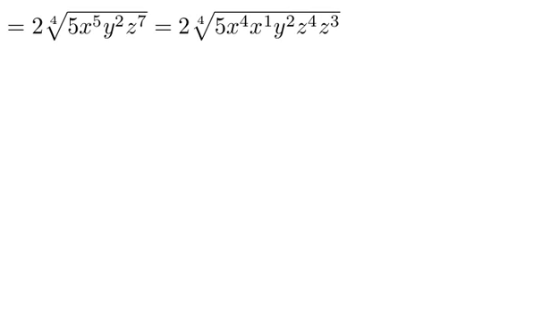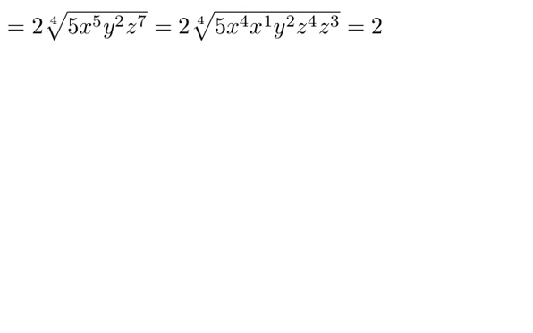So let's write out the individual steps. We can rewrite this as 2 times the 4th root of, let's move this stuff around so that we can see it more clearly. I'm going to do it on the next line.